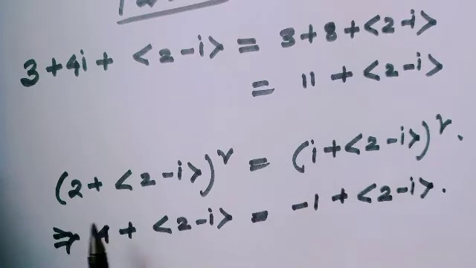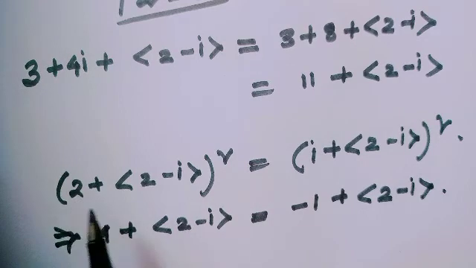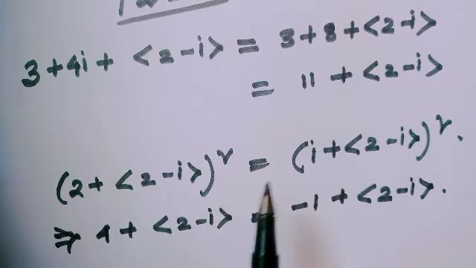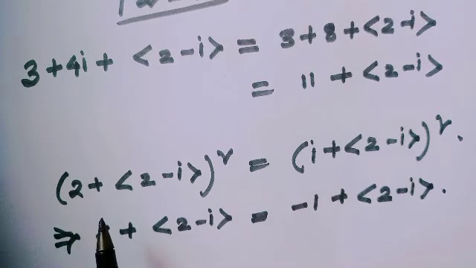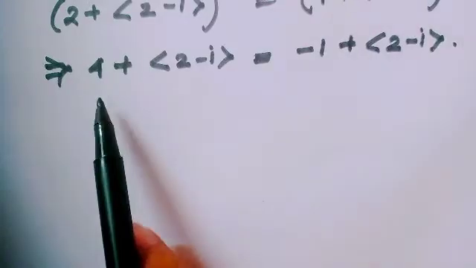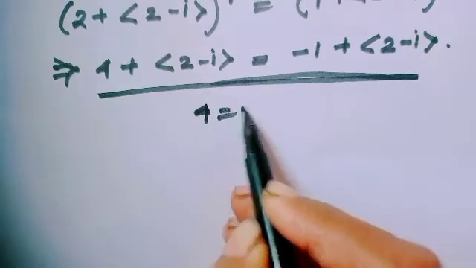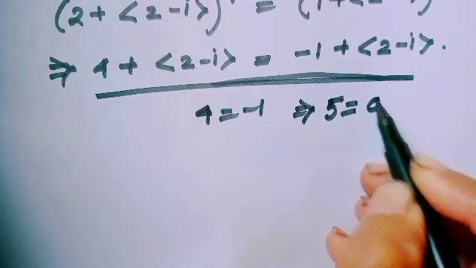By the property of multiplication of two quotients, we can write this left quotient as 2 plus the ideal generated by 2 minus i times 2 plus the ideal generated by 2 minus i. Then use the multiplication of two quotients. Since two left quotients are same here, we can write 4 equal to minus 1. That means in this quotient ring 5 equal to 0.